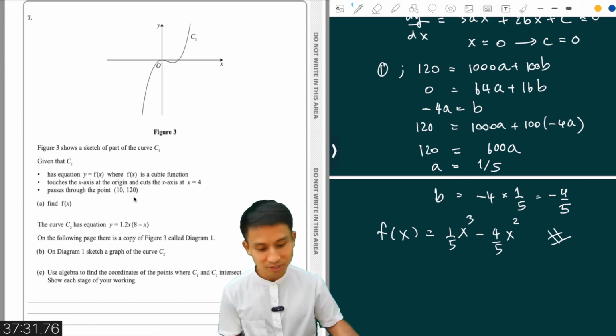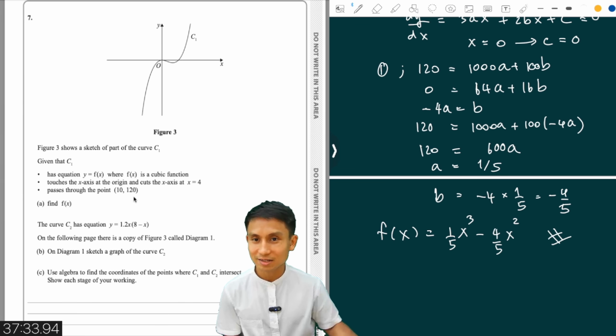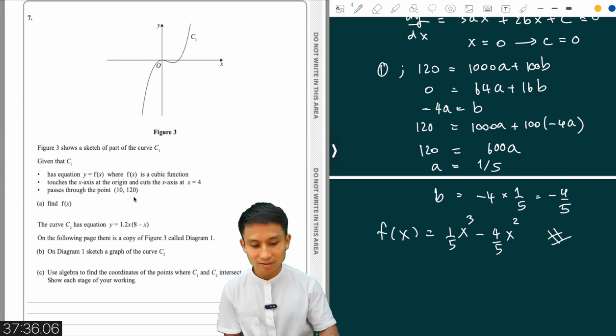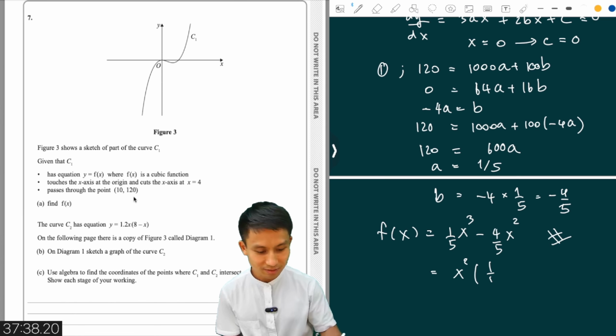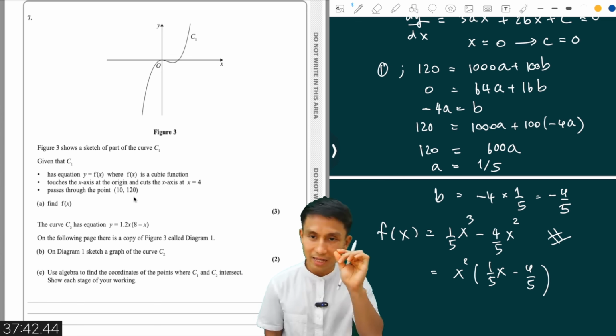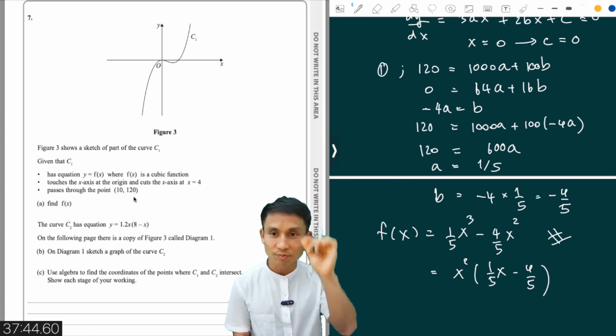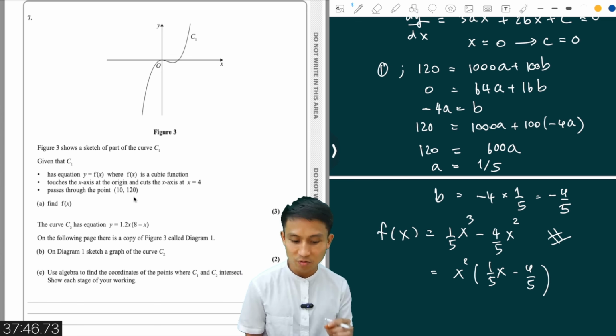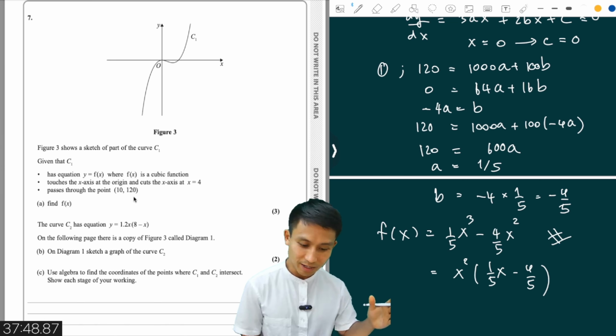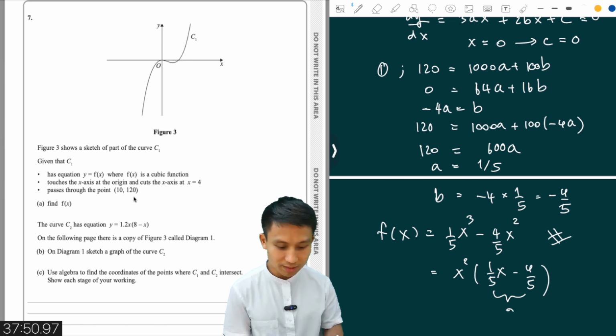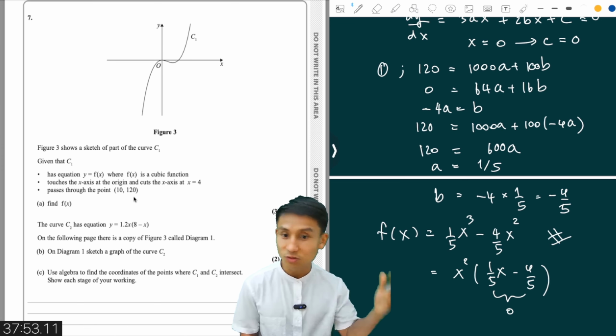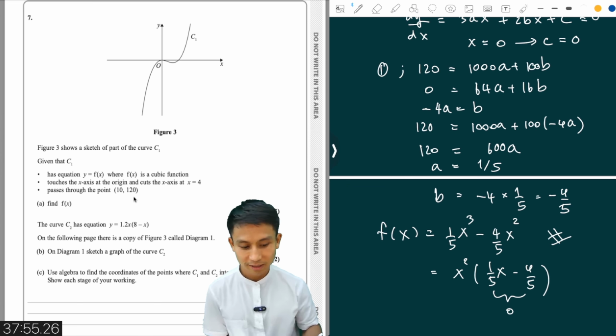That makes sense because we get x squared, so you can look at it like this. That confirms the turning point at 0, because x squared here is like a repeated root that happens at 0. And if you equate this to 0, you get x equals 4, which is one of the roots there.